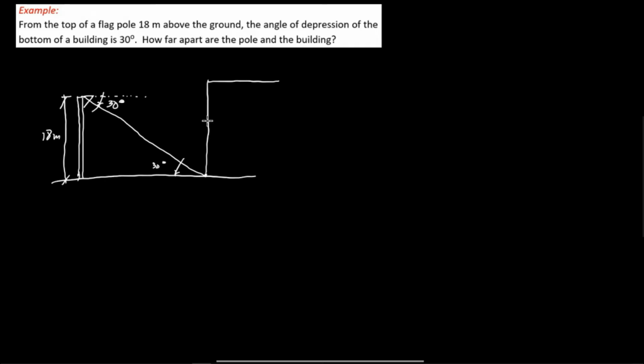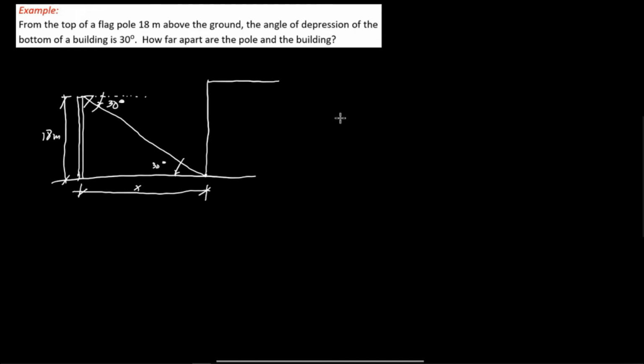And how far is the length or the distance from the pole up to the bottom of the building? This is the unknown value, and designate this as x distance.